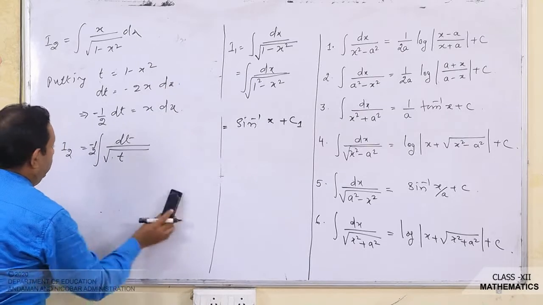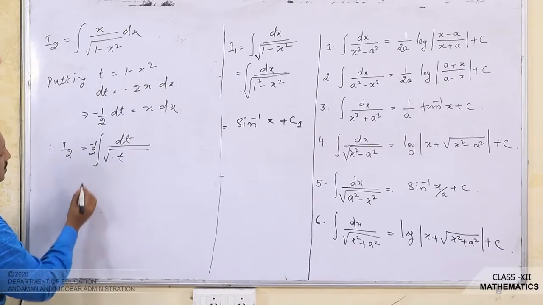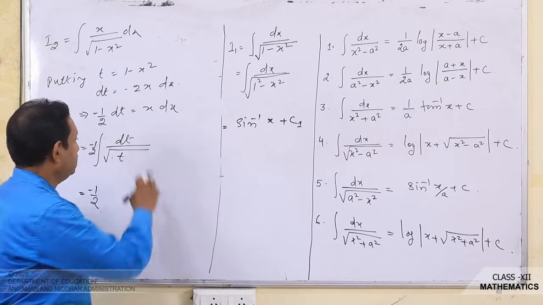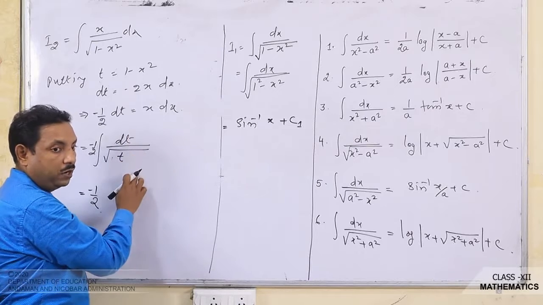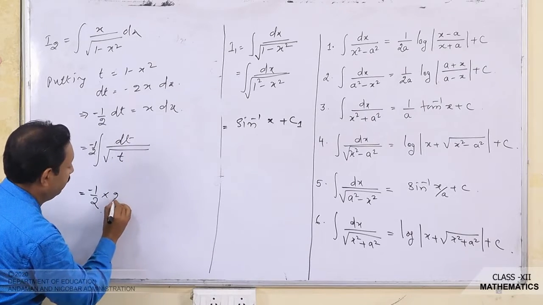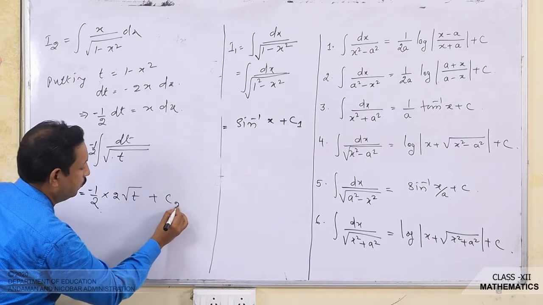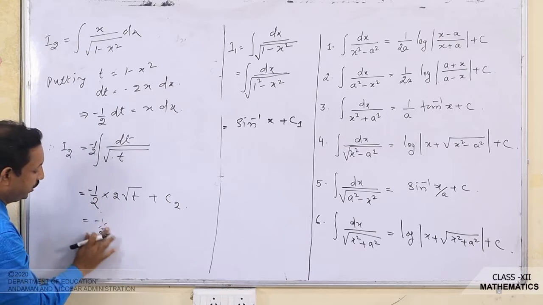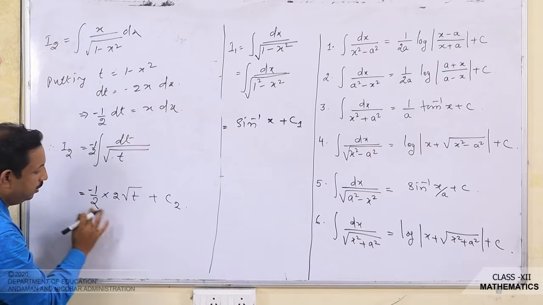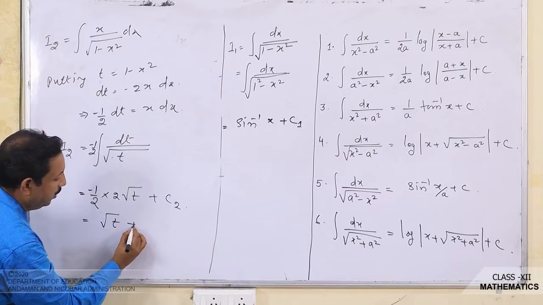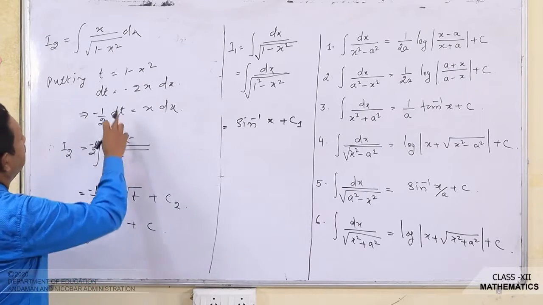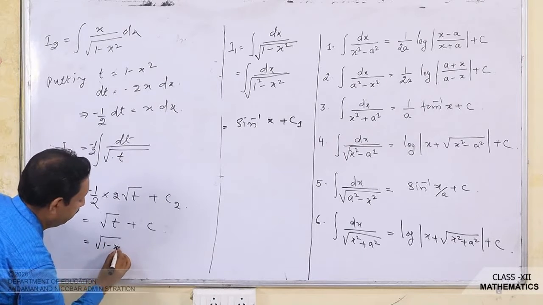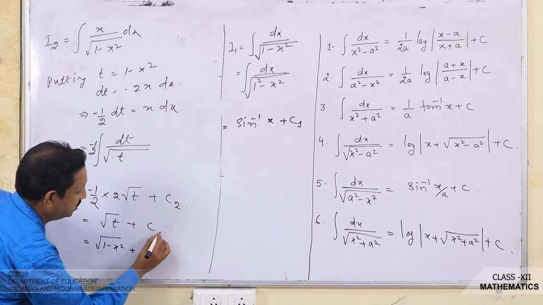Now that implies minus 1 by 2, and we know the standard form, integration of 1 upon root t is 2 times root t plus c2. The minus 1 by 2 and this 2 cancel, that is minus root t plus c, and root t, as we have assumed t is 1 minus x square, so minus under root of 1 minus x square plus c2. You can put c2 here.